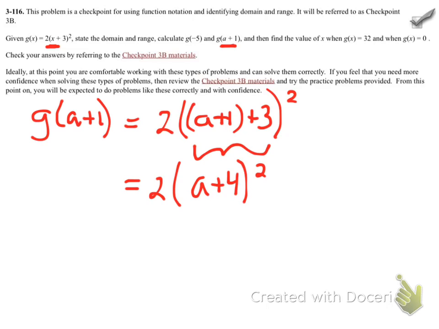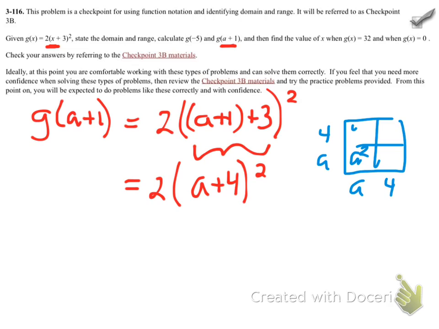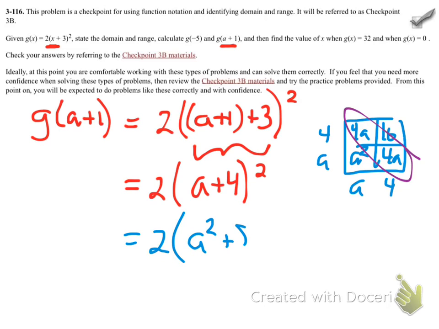My next step now is to actually multiply that out. So I can do a little side part here and do an a plus 4 and a plus 4. So I get an a squared, 4a, and 16. Combining the like terms, I'm going to end up getting for this problem 2 times a squared plus 8a plus 16.